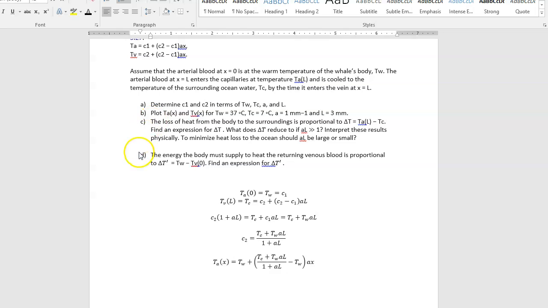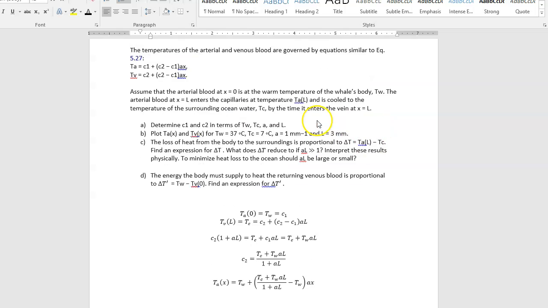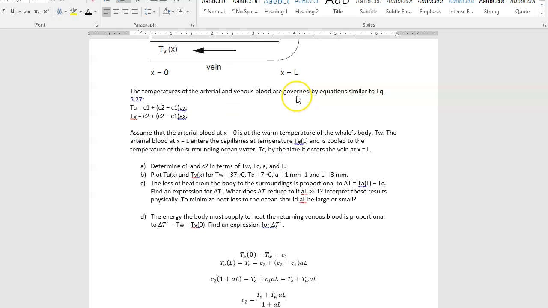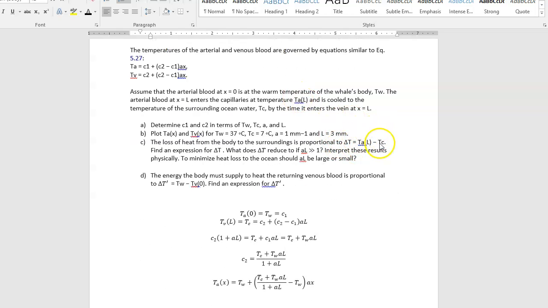The heat loss from the body to the surrounding area is proportional to delta T, TA of L minus TC. So you're going out, you're out here where things happen. TA of L minus TC.